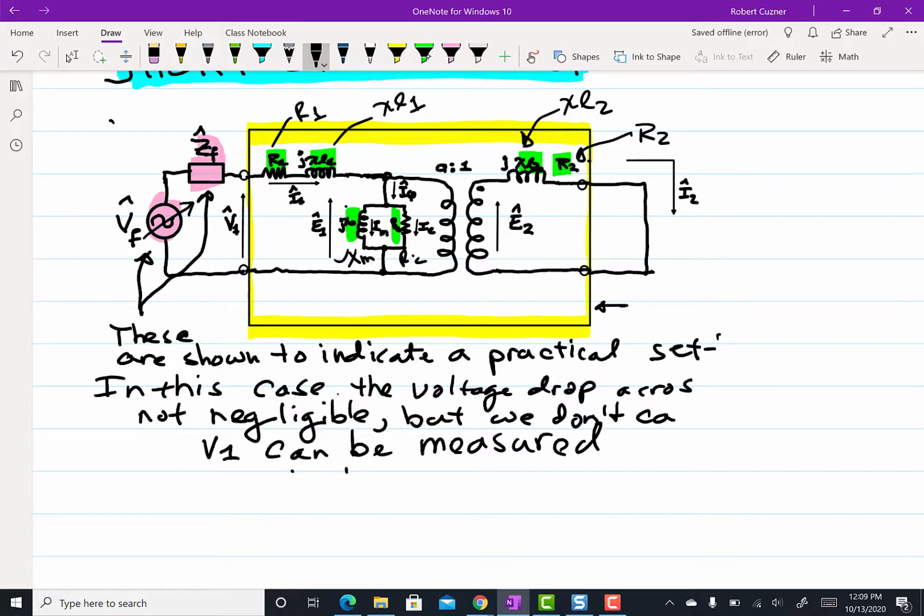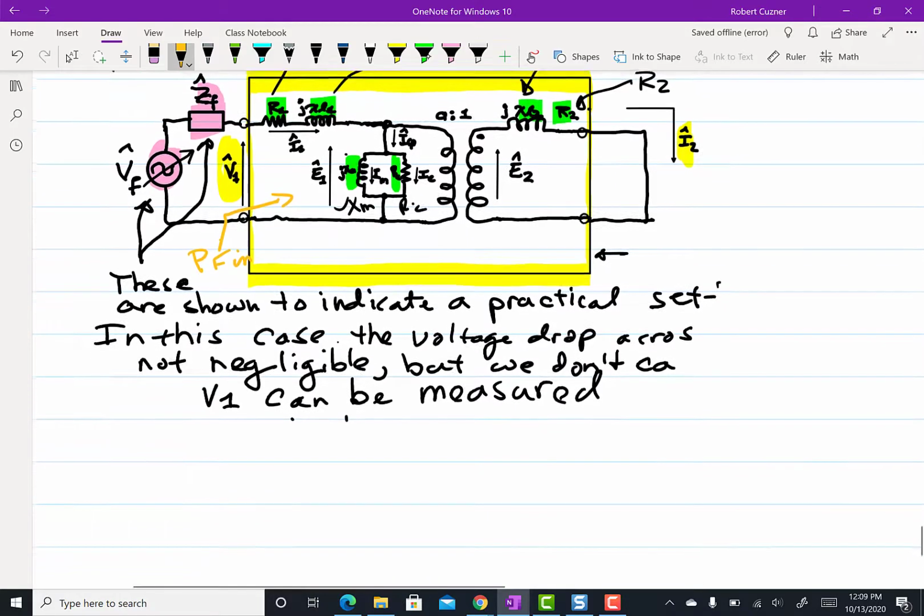It's not negligible, but since we know the voltage, if we can measure it right there at the terminals of the transformer, and if we can measure the current right at our short circuit test fixture, and if we can measure the power factor looking into the transformer, we have everything that we need.